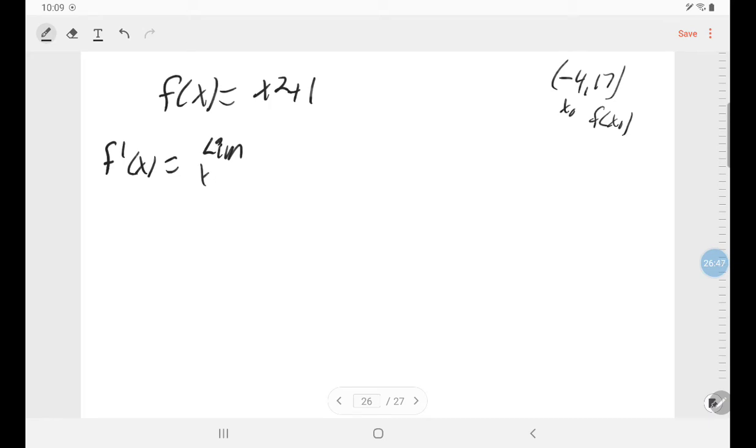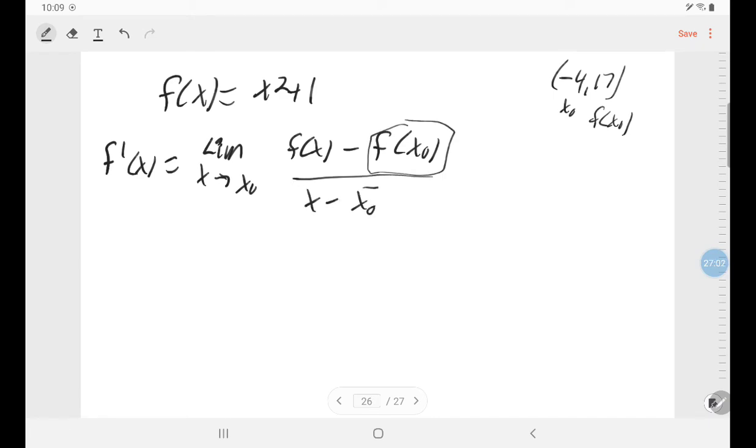which is the limit as x approaches x initial, f of x minus f of x initial, which we know is 17, over x minus x initial, which we know is -4. So I get the limit as x approaches our x initial, -4, since we're going to be finding f prime of -4.